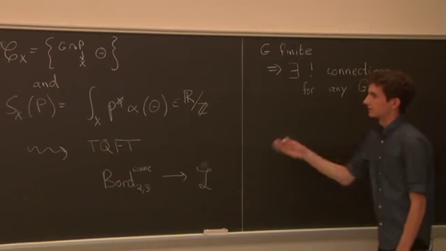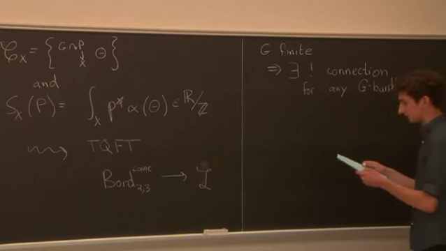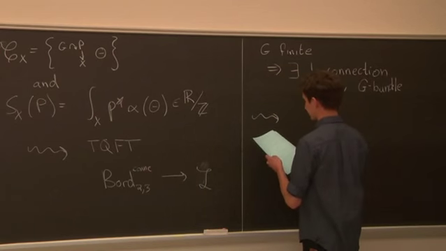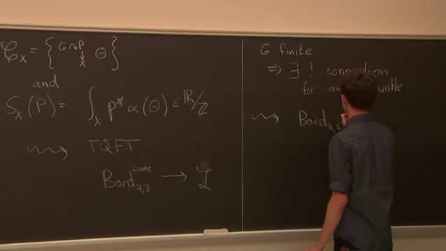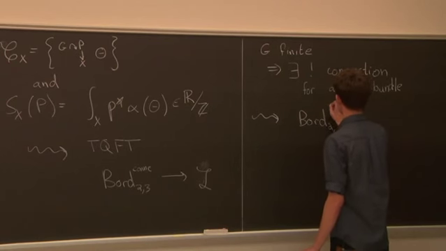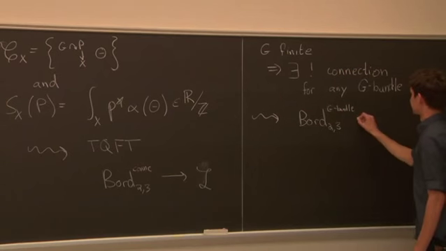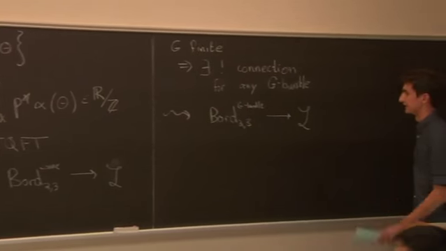So this extra decoration of having a connection over our principal G bundles can be omitted to define this TQFT. And so the classical construction gives us a TQFT now from bordism 2-3 with just the data of a G bundle over our 2 or 3 manifold into complex lines.